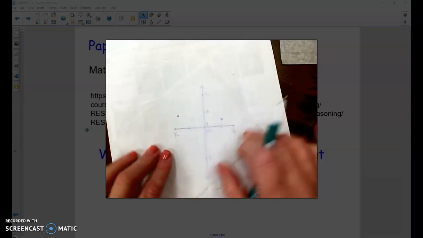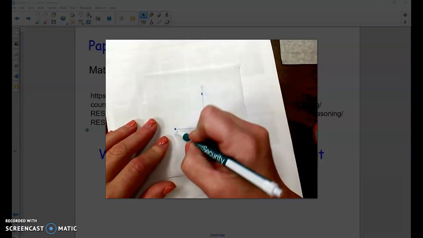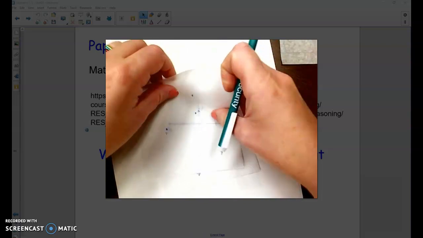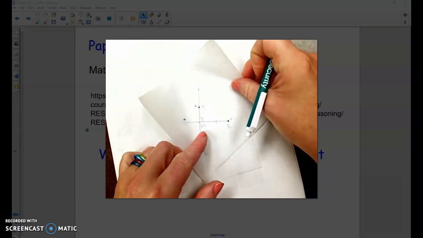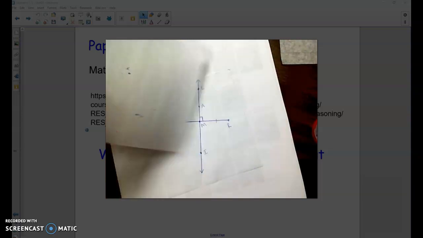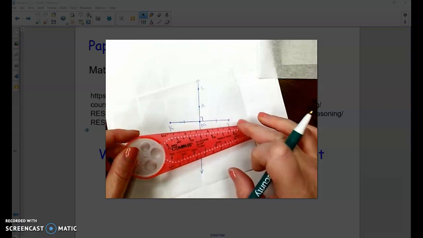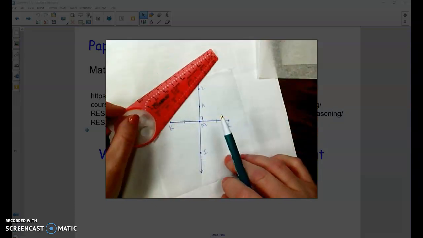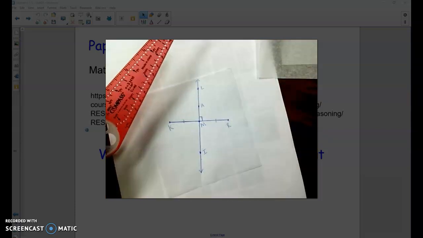And so then I could do the same with K and A. This is K, this is A, and then I can move this to see if A and R are the same distance, and they are. So you have a couple of different options. You can use the patty paper method or the ruler on the side of your compass, and usually the millimeter end is easier to measure how far these points are from each endpoint.